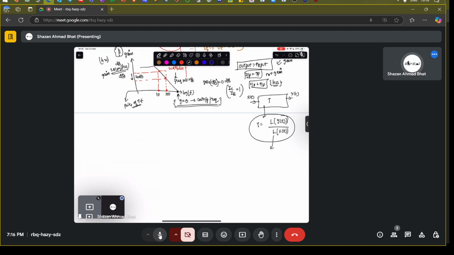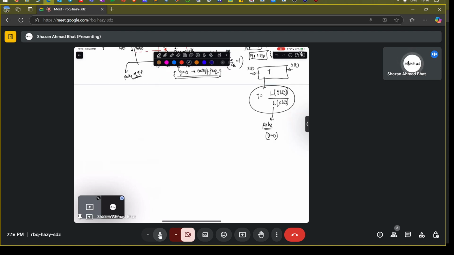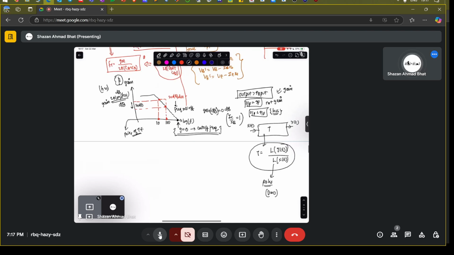Finding the poles of this means putting the denominator equal to zero and seeing where the transfer function will blow up. That gives you the poles of this function, which is related to the pole zero plot, and that's all related to how you obtain these frequency characteristic plots. You might have studied this in control theory or something like that.